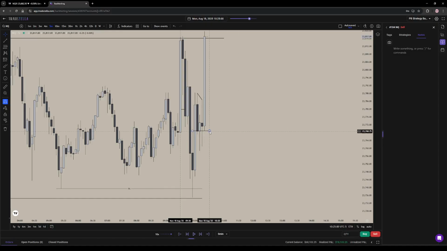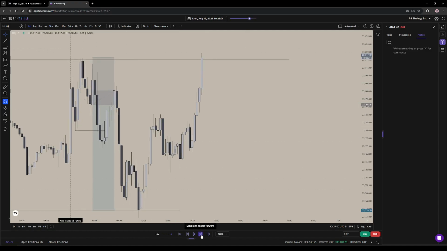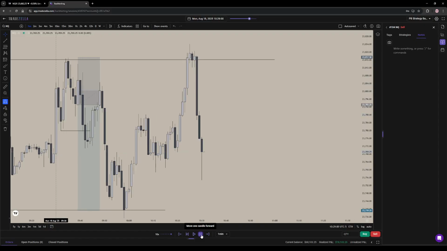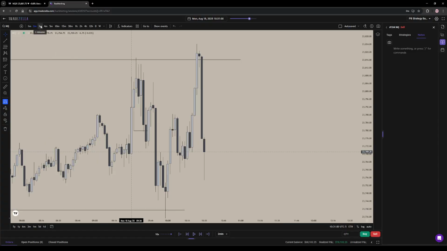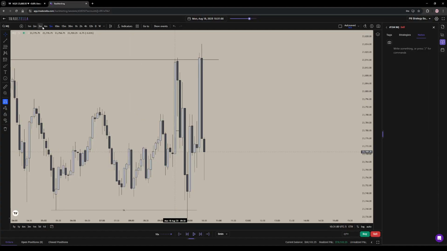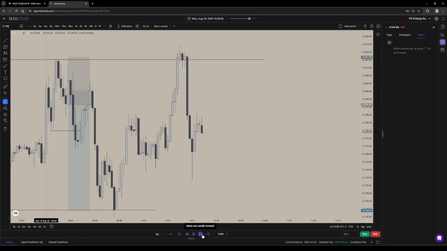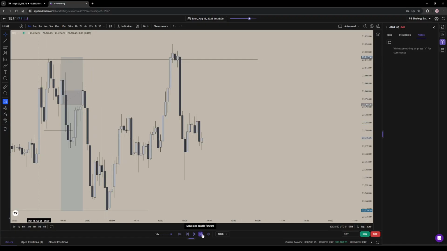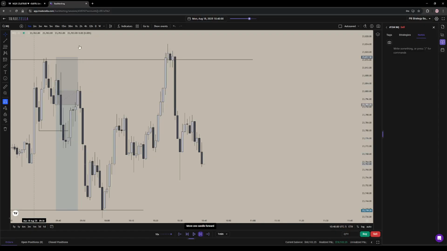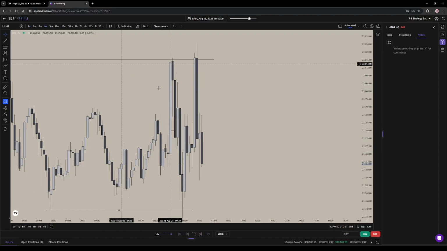Price just continued higher. Resweep at the high. Crazy. Do we have another 5 minute?